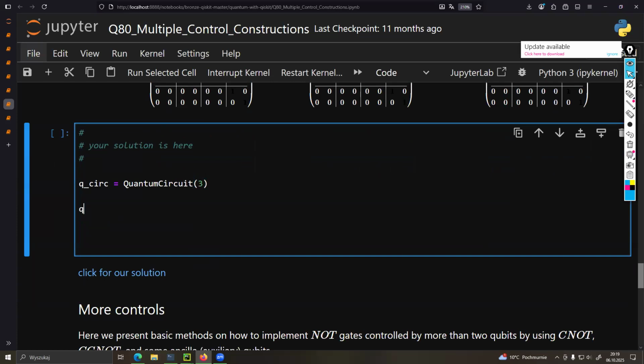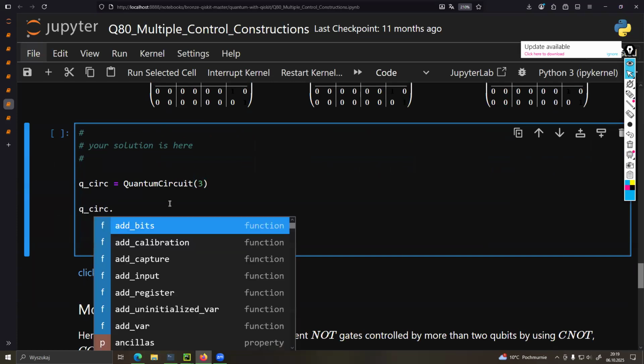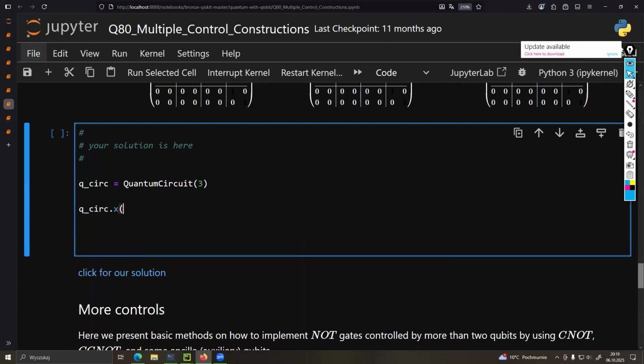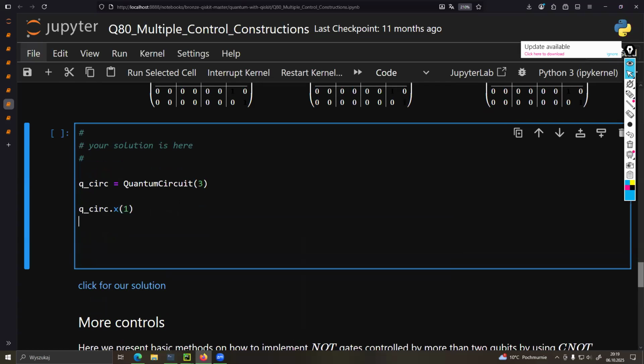And here we use this anonymous notation. So we could append 2 instructions. So first of all, we could append an X, and this will be our one. And then I think we could already use the CCX like this. So we will use 0, 1 and second as a target.